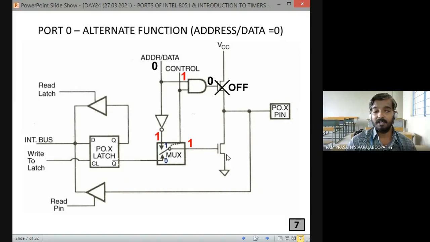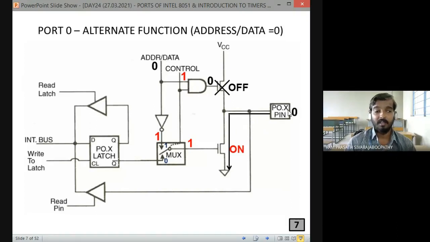What about the condition of the FET now? On state. Very good. So automatically what is going to happen? It is going to work as a closed path ideally. Fine. So this pin is connected to ground. So what about the logic at the port pin?